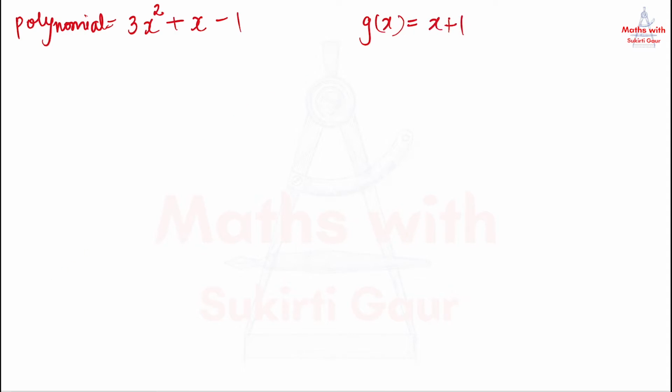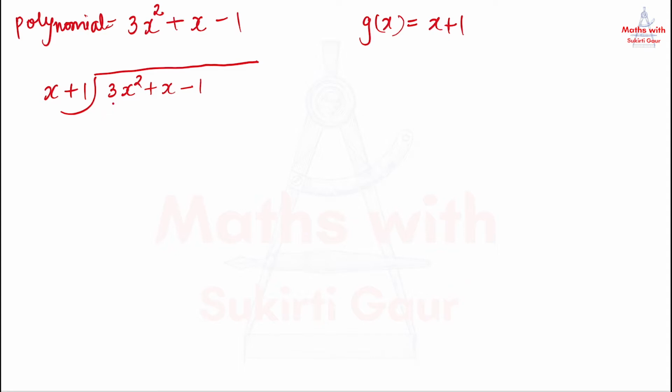This is an example from the NCERT book. So how will we solve this? We will take x plus 1 as a divisor and we will put the whole polynomial, which is our dividend, inside this sign.